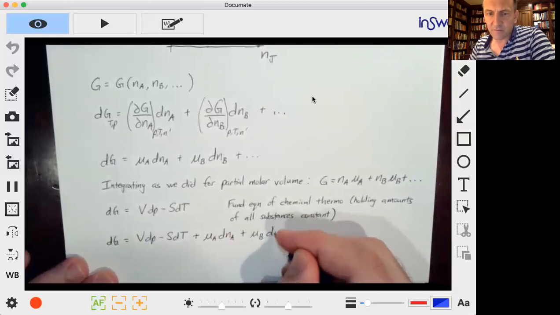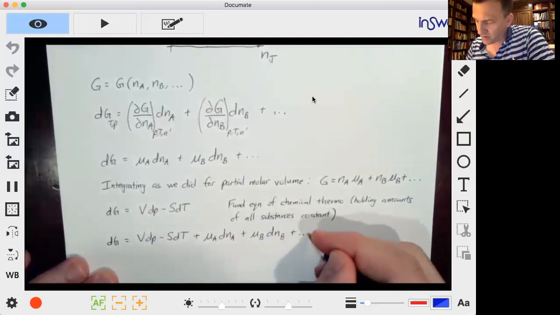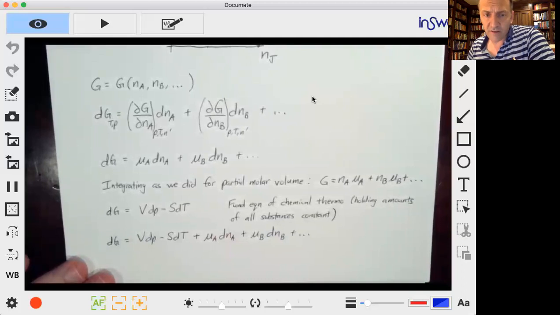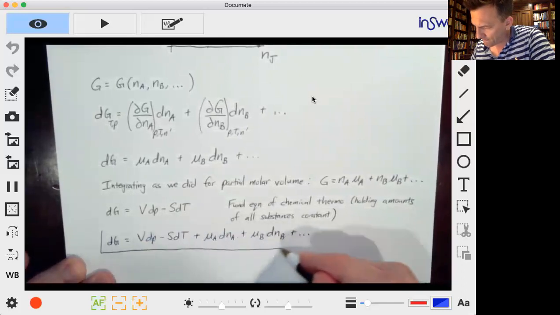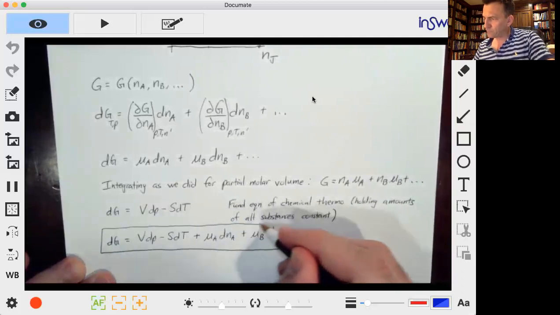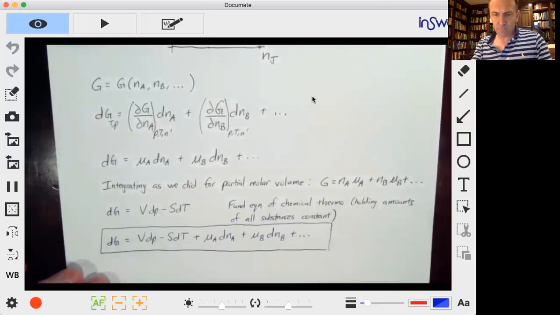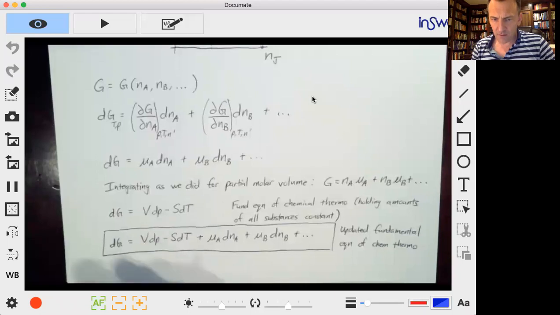So we can change the Gibbs free energy by changing the pressure, by changing the temperature, or by changing the amount of any of the species that are present in the mixture. And then you can see, of course, if we hold the amounts of substances constant, then all of these dN terms are zero, and we recover the original formula that we've been using before.